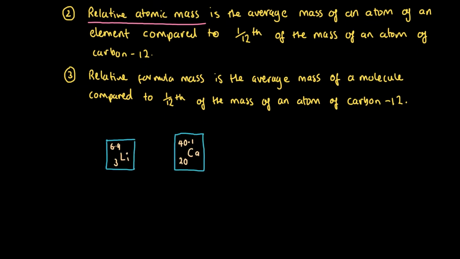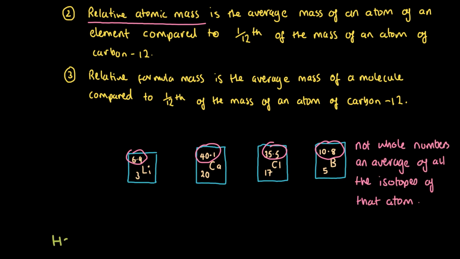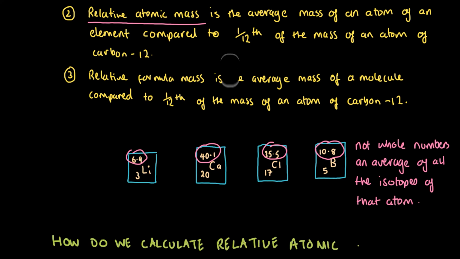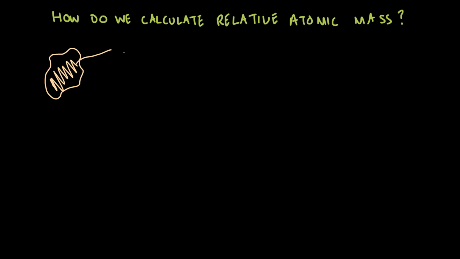So here we have a bunch of atoms. As you can see, the relative atomic masses are not whole numbers, and this is because it is an average of all the isotopes of that atom. So how do we actually calculate relative atomic mass? Say we have a bunch of chlorine, and 75% of this chlorine is composed of chlorine-37 and 25% chlorine-35. Now, of course, we can't put both of them in the periodic table.